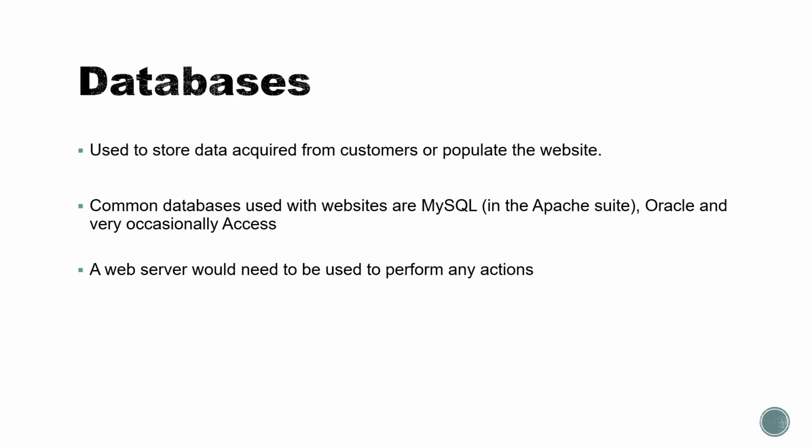They actually don't do any processing, so you need a server to actually, let's say for example customers filled in all their details on a web page, you need the web server to actually make it do something. So to take it from the web page into a database, you need a server.